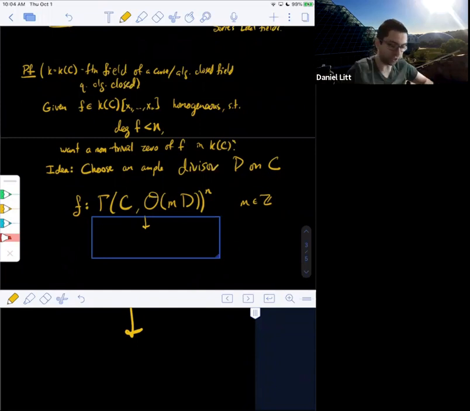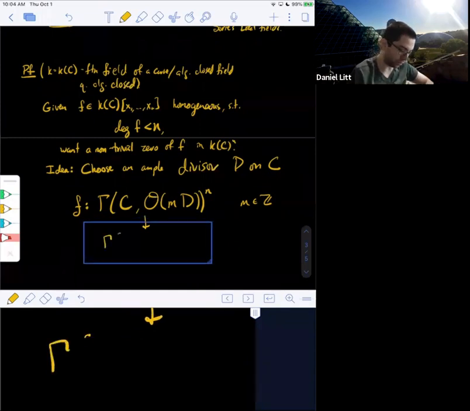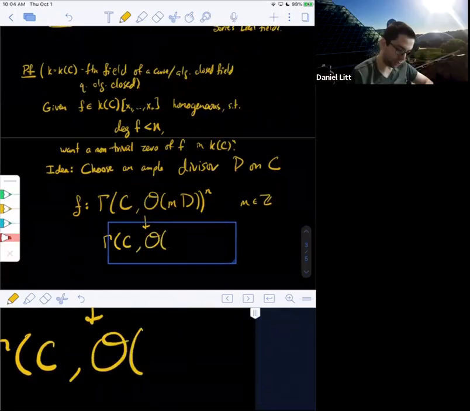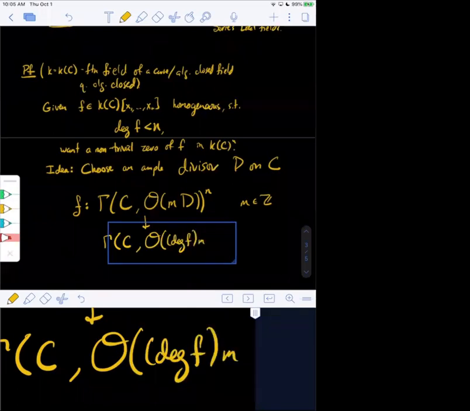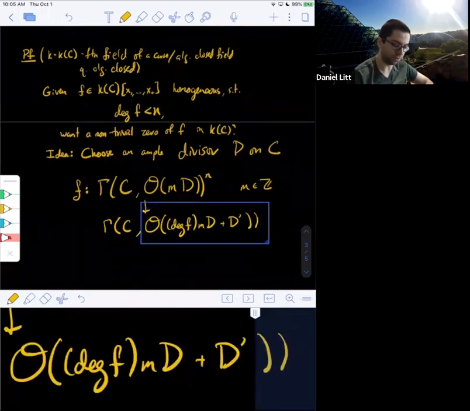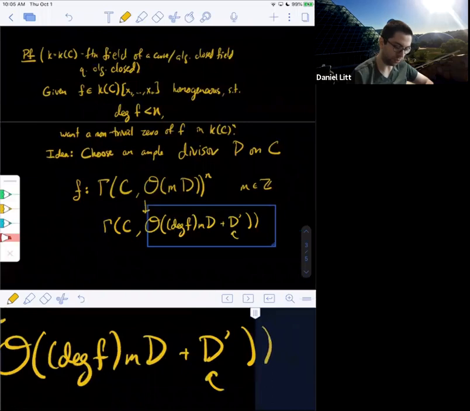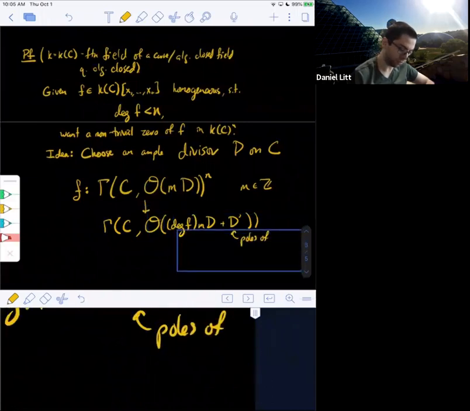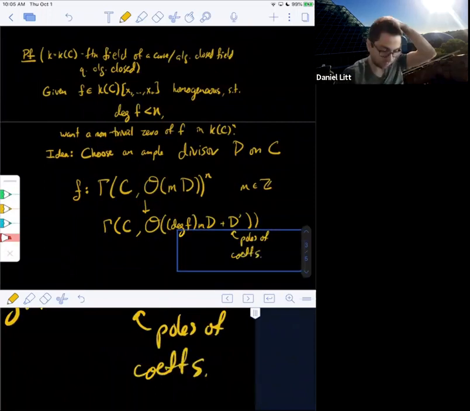It gives us a rational function with poles bounded by O(degree f times MD), but then we might get some D' here, coming from the poles of the coefficients of f. Great. Okay, so this is some map.